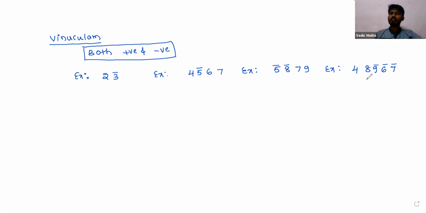So here I have taken different types of examples. Another example, 6 bar, 7, 8, 9, 7 bar, 8 bar. If you observe these numbers, they have both positive and negative digits. That is the reason these types of numbers are called vinculum numbers.